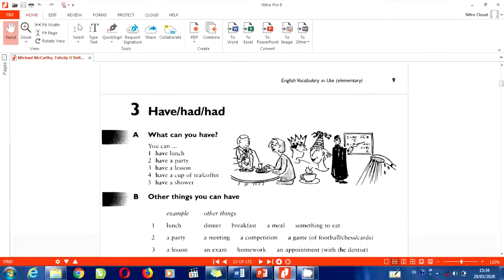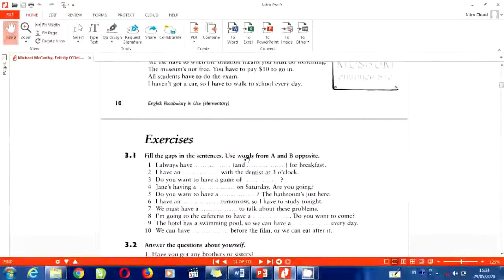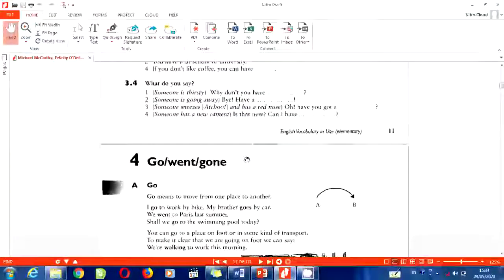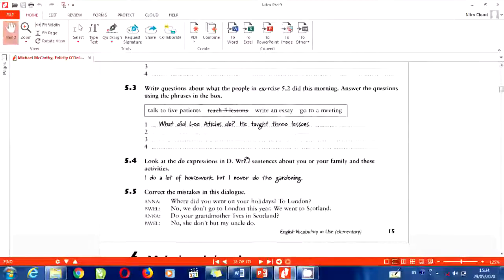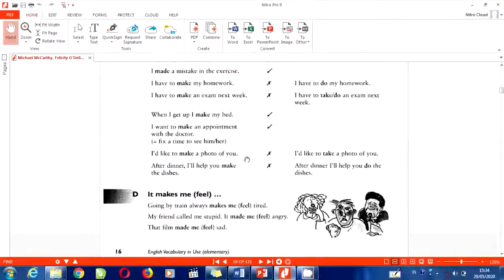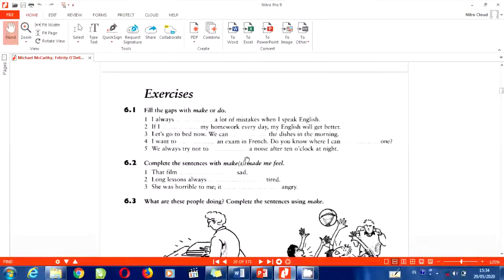If we look at the content, this subchapter 3 is in the chapter on everyday verbs, also with go, when. So there is no separation in this book, and it makes me a little bit confused.